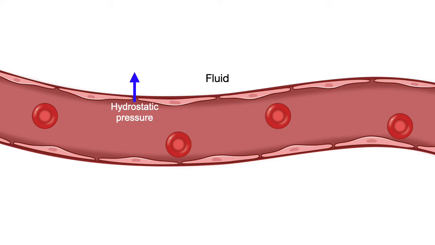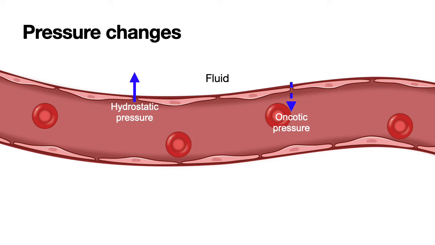And as the fluid accumulates in the interstitium, the blood becomes more concentrated. The oncotic pressure on the venous side of the capillary increases, and it tends to draw the fluid back. So these pressure changes result in fluid dynamics, especially extravasation of fluid.